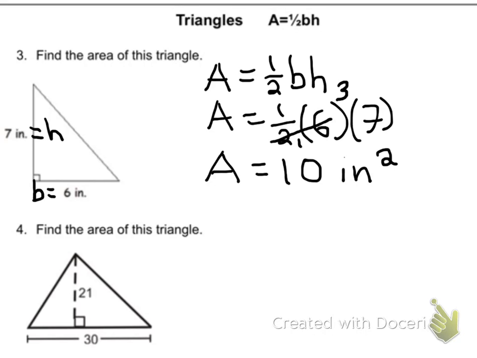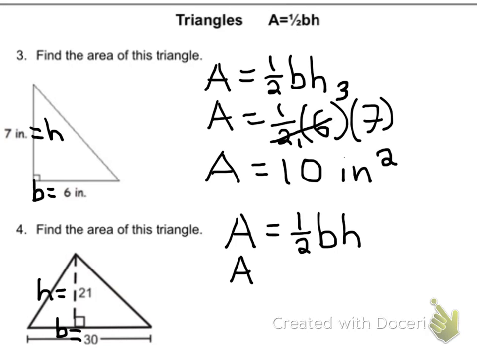Number 4, find the area of this triangle. We can use the same formula to find this triangle's area, even though the triangle looks different. It still has a base of 30 and a height of 21.